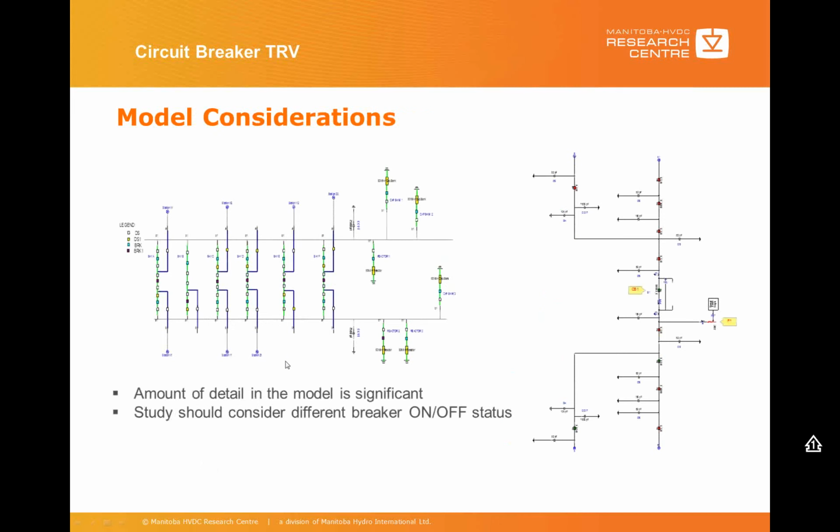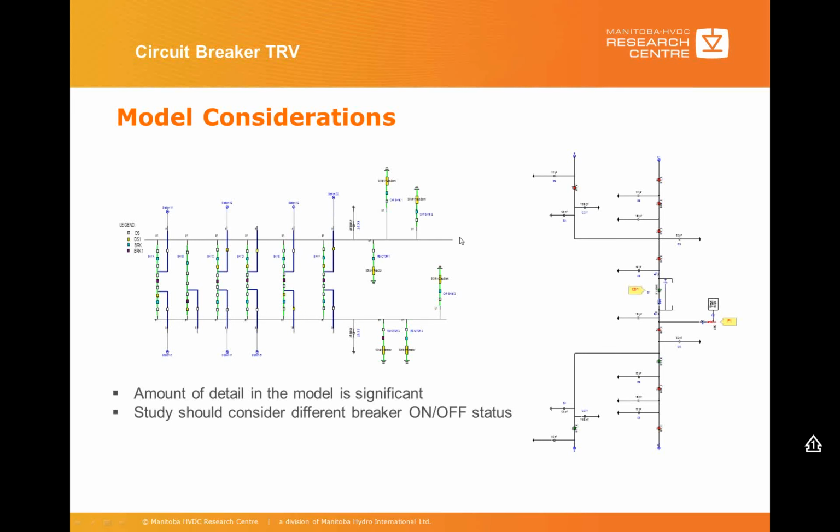Sometimes your station may be a little bit complicated, but it may still be important to model it, because depending on the operational restrictions, operational procedures, and the configuration itself, the current through a particular breaker can be different during a fault. For example, if a breaker is connected only to one part of the circuit and the other bus is isolated, you may have a lower short circuit level.